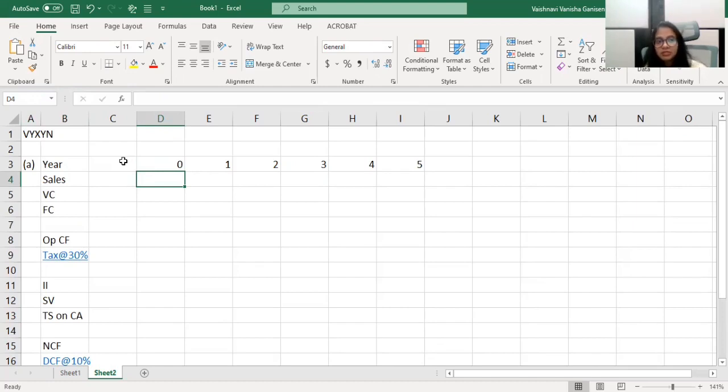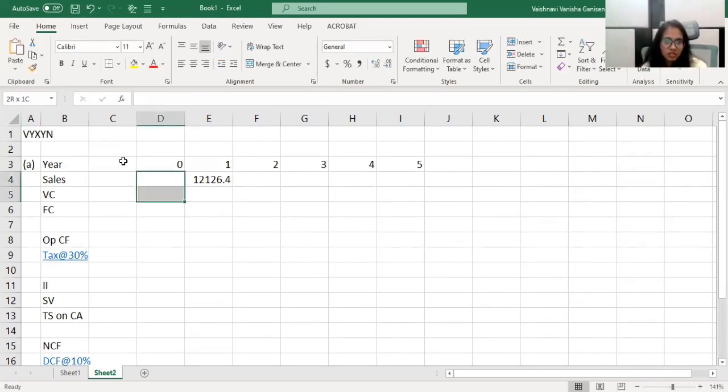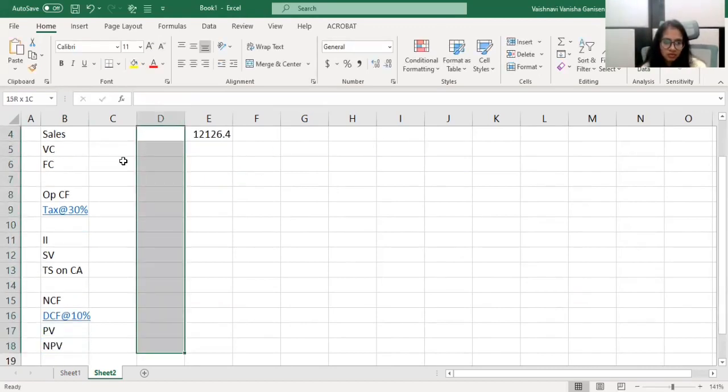Okay. So for your sales, the first thing that you need to remember, you need to inflate your cost. So equals 26.5 multiply 1.04, and the sales volume is 440.